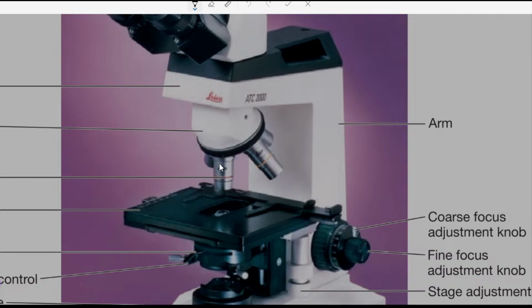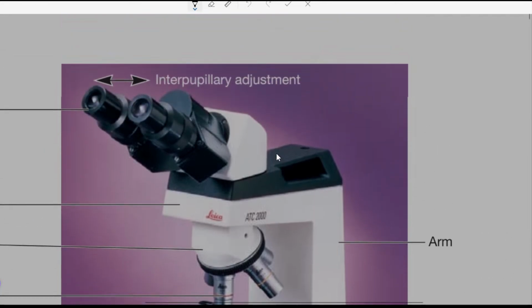Well, the one that has the lower focal length would have higher magnification. So they are saying that the nose piece has multiple magnification lenses, and you can choose whatever you need according to your sample, like how much magnification you need.